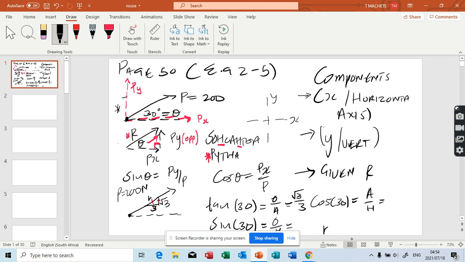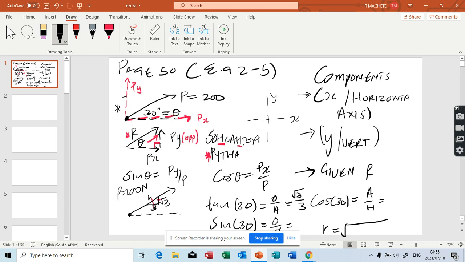I normally use tan alone, but you can use even sine and cos. Then to find r, you need to use Pythagoras theorem. So you can say root 3 squared plus 3 squared. Then you find your value of r there. For sine and for cos, it will be the same.